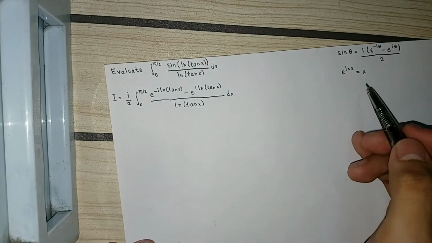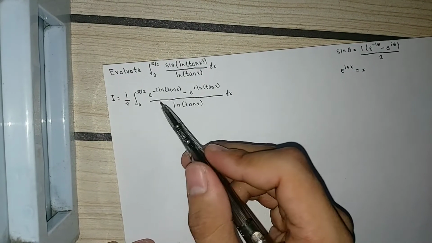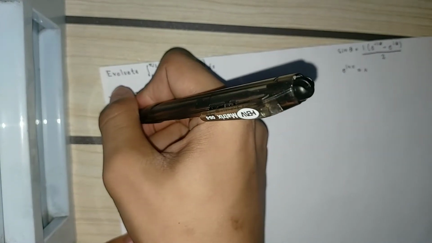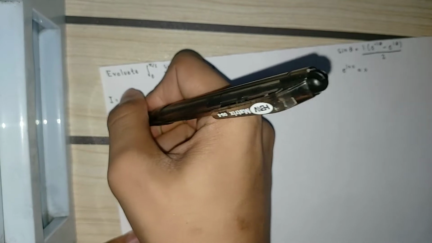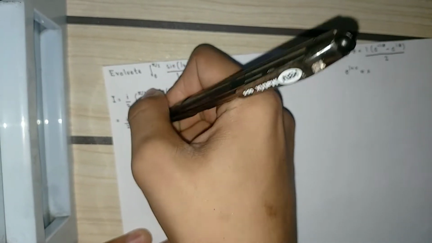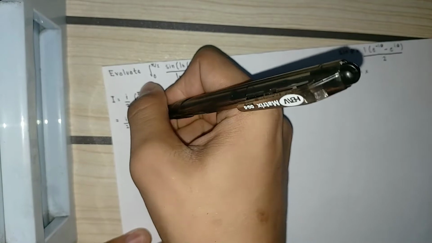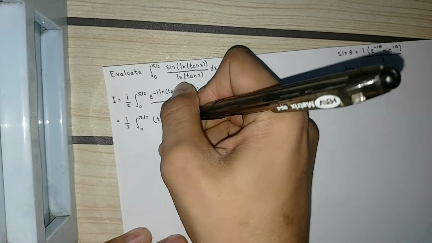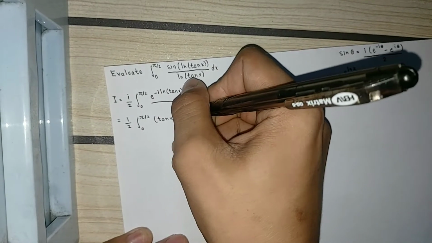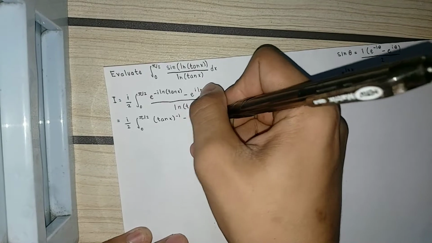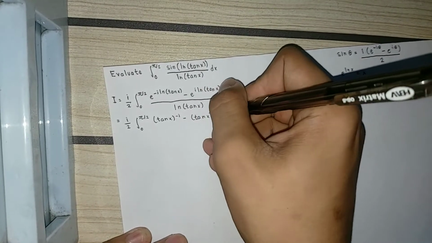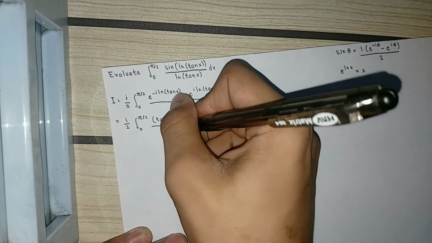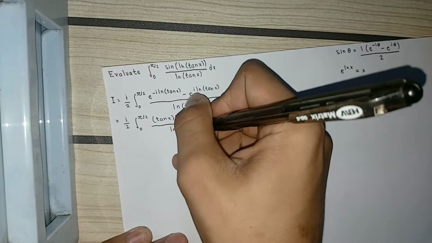So using this to this expression, then we have I is equal to i divided by 2 times integral from 0 to pi over 2 of tangent x raised to negative i minus tangent x raised to i, divided by natural log of tangent x dx.